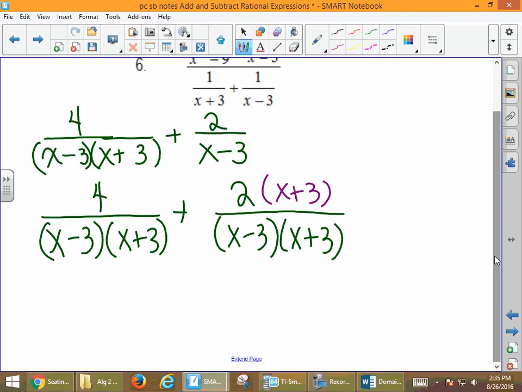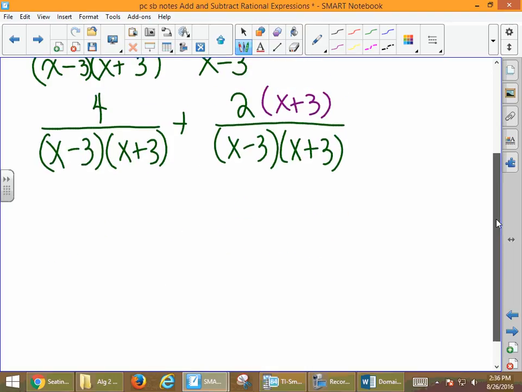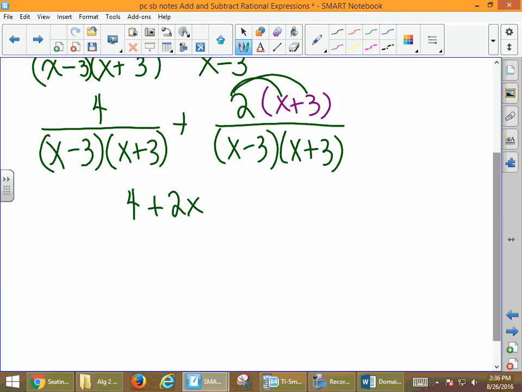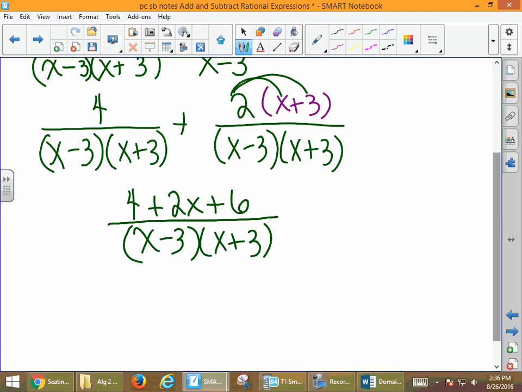If we simplify, what we end up with is 4 plus distributing 2x plus 6, and that's going to be all divided by x minus 3 times x plus 3. If we combine like terms, we get 10 plus 2x divided by x minus 3 times x plus 3.